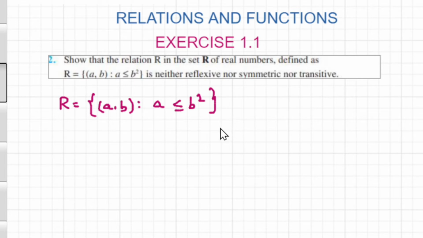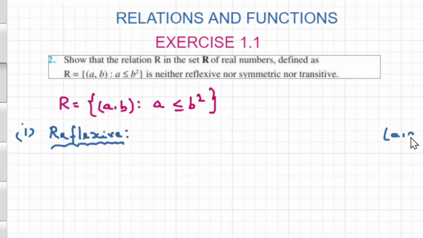First of all, we consider the reflexive condition. In reflexive, we have to take (a, a) and check whether it belongs to R. Here it's given (a, b) with a less than or equal to b squared.